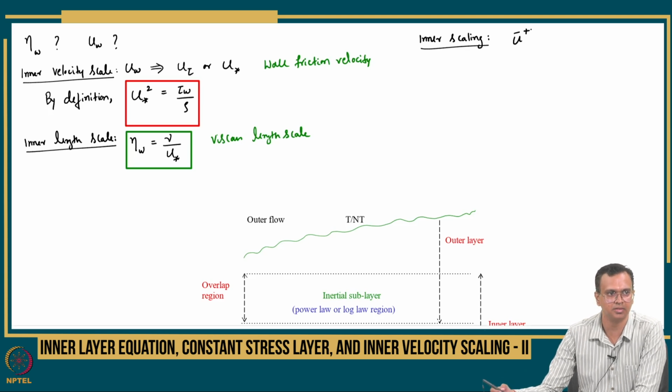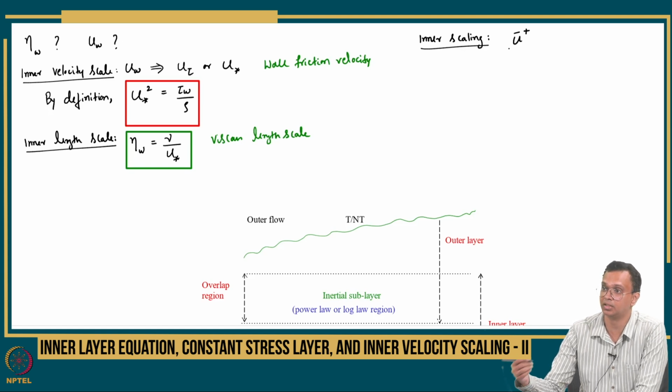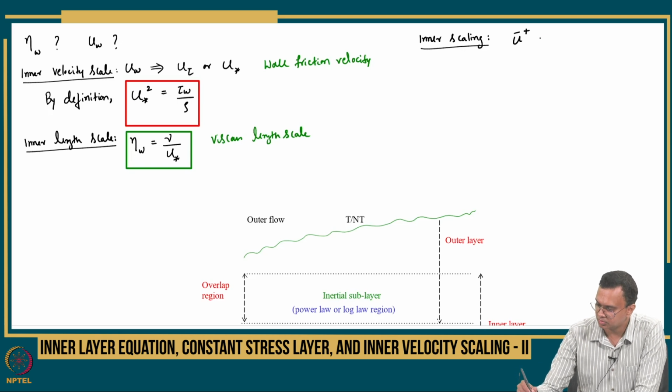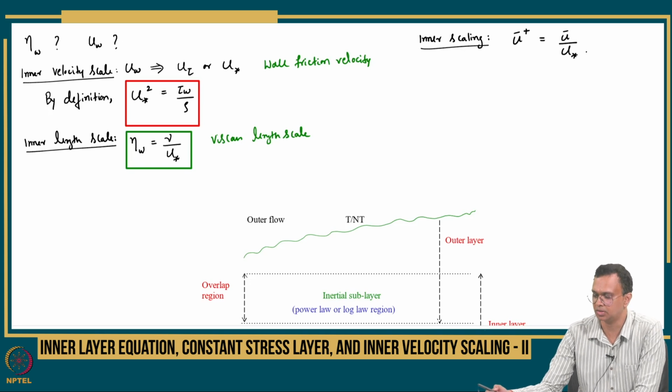You would have seen in literature, if you look at books, articles, you will see u bar plus. This plus essentially indicates that it's an inner scaling, that is, it is not divided by your u infinity or other reference velocity, but the wall friction velocity. So this is nothing but your u bar divided by your u star, and this particular is called inner scaling, scaling your quantities using u star or u tau, wall friction velocity.